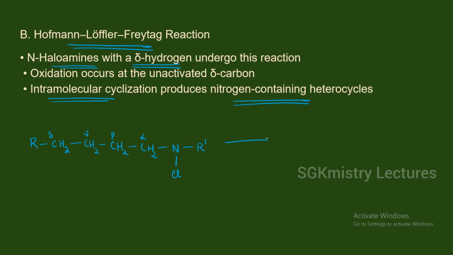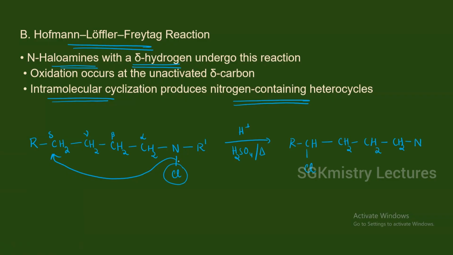Now this on reaction with H plus, that is acidification, what are you going to get? The chloro group will attack this particular carbon, so you get CH, here Cl, and the remaining things remain as such, CH2, CH2, CH2.